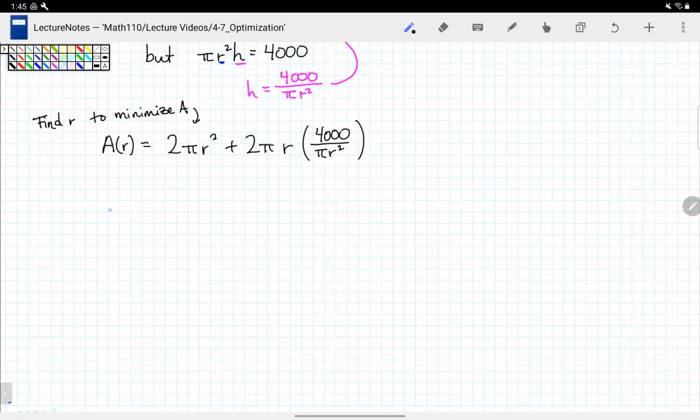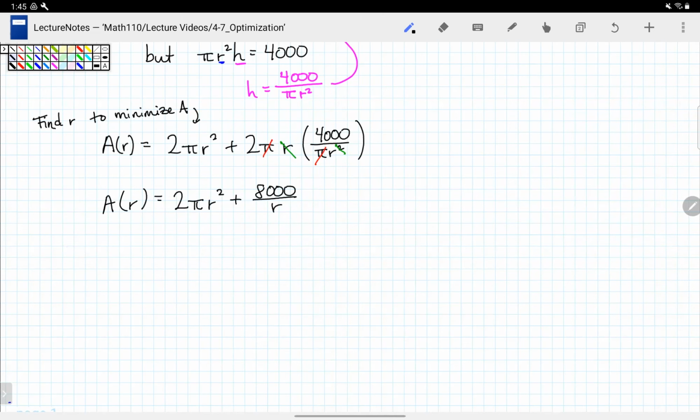Okay. So let's go ahead, and I want to simplify this a little bit before I take the derivative. It looks like here I have a common factor of pi, and I also have a common factor of r. So I'm going to rewrite this. A of r equals 2 pi r squared plus, looks like, 8,000 over r.